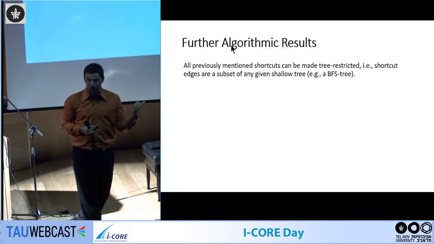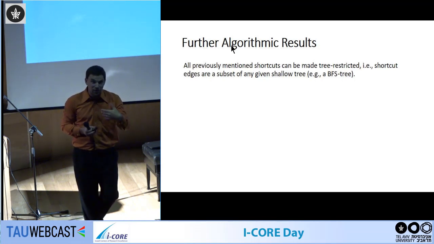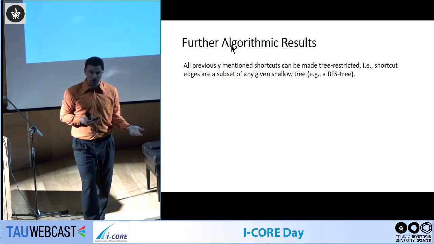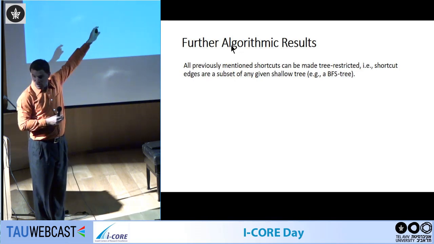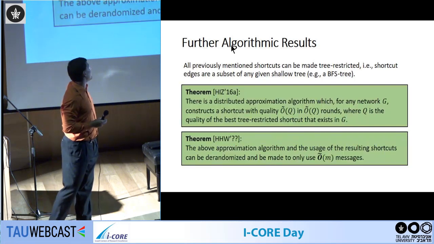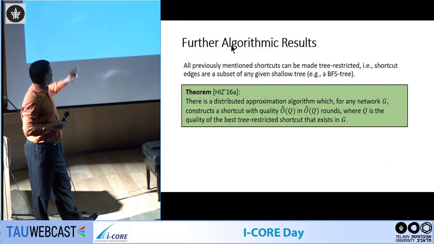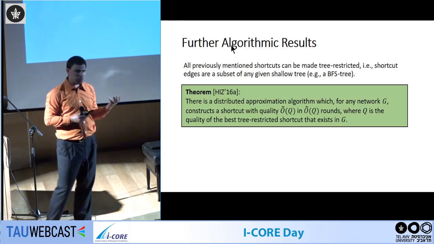In the planar case, for example, this is exactly what we did. We started with a BFS tree, I only ever used BFS tree edges as shortcut edges, and still a shortcut exists. So this is true for all the shortcuts that I've shown you. They exist as tree restricted shortcuts. It's actually a simple result, but this really made this whole framework much, much more powerful.